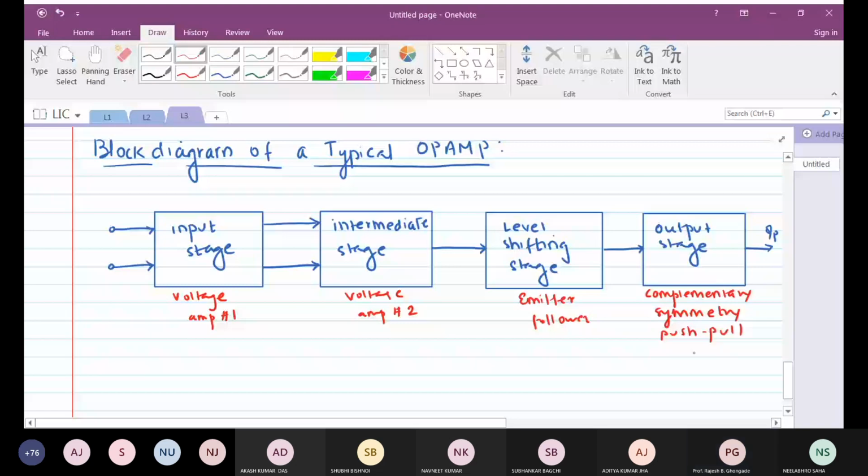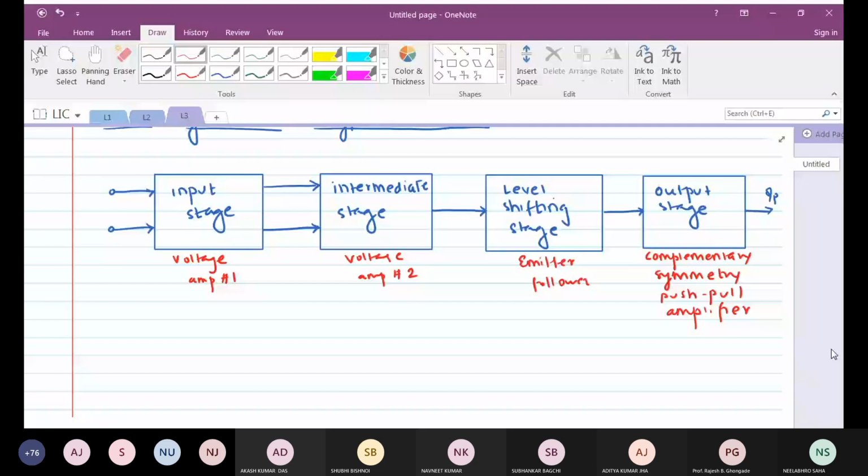Okay. So is this block diagram clear to all of you? Yes, sir. What we do is, basically, why do we have two stages of voltage amplification? Why do we require two stages of voltage amplification? Let me see if you have understood the concept.